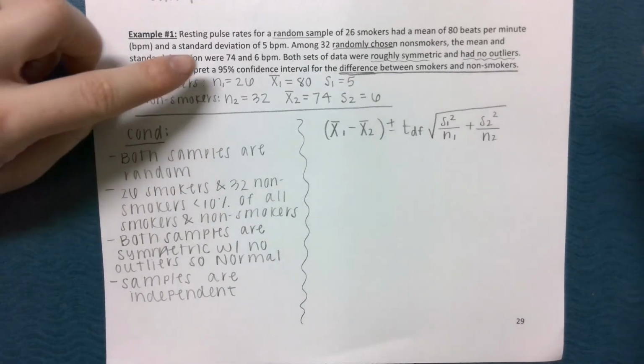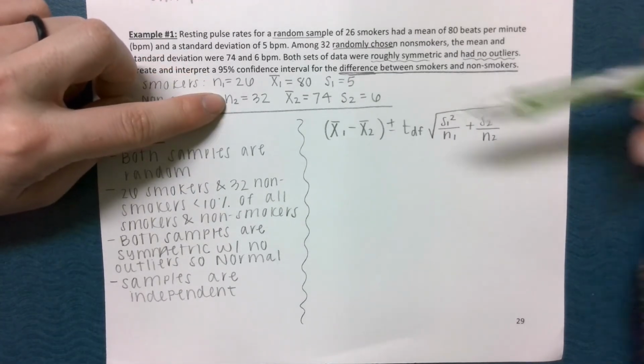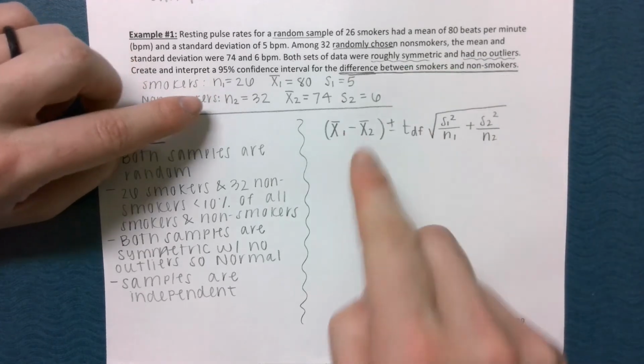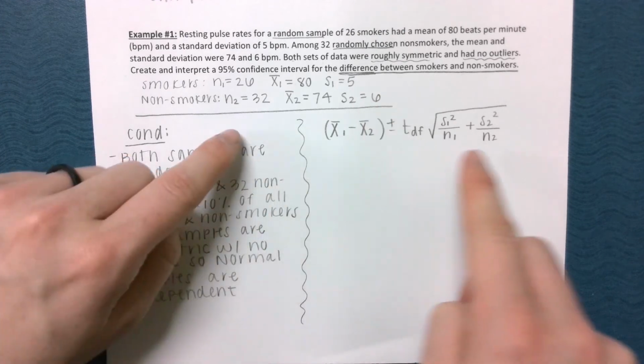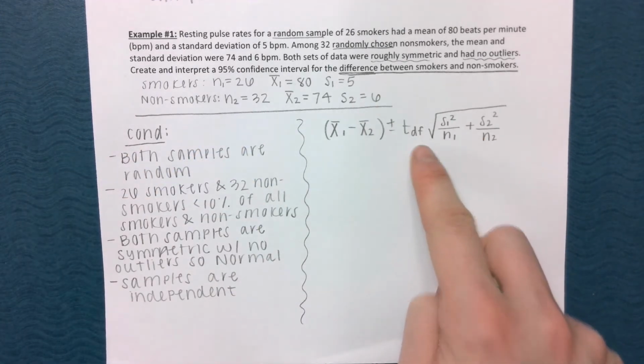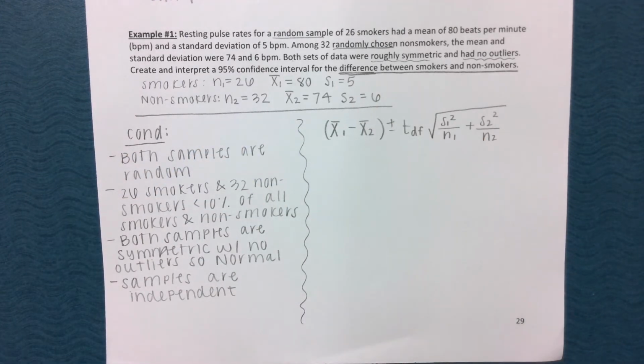Now, looking at the data that we started out with, our summary stats here, it looks like we have both of the x bars, we have both of our standard deviations, and we have both of our n's. The only thing that we're missing is that t. We do not have our t.